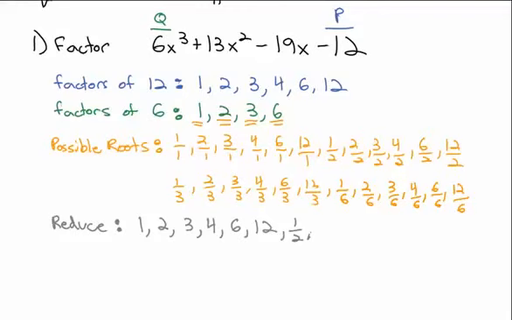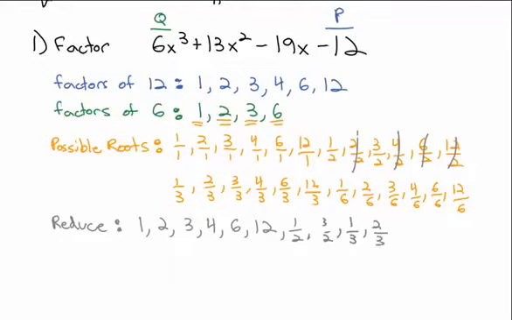That's already in our list, so we're not going to repeat it. 3 over 2. 4 over 2 reduces to 2, which we already have, so we're not going to repeat it. 6 over 2 reduces to 3, we have that. 12 over 2 reduces to 6, we have that. 1/3, that's a new one.